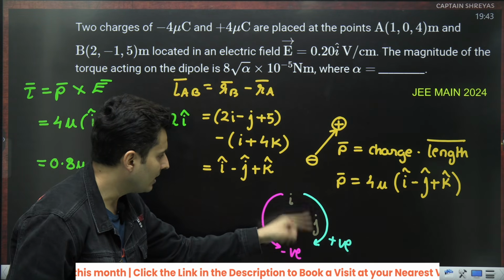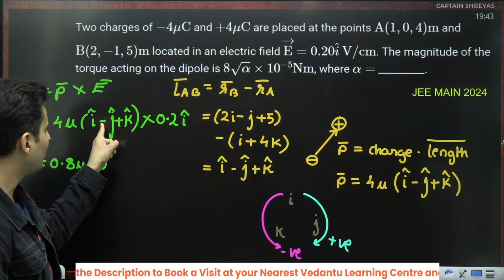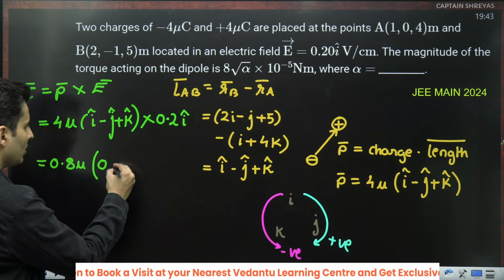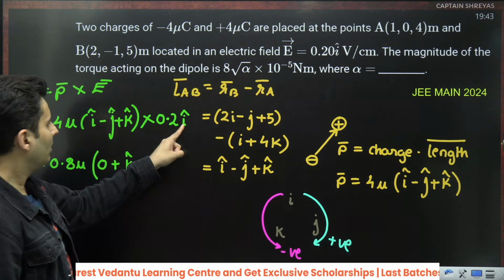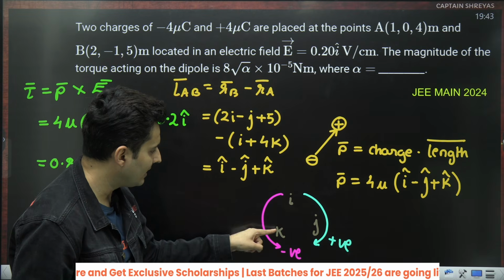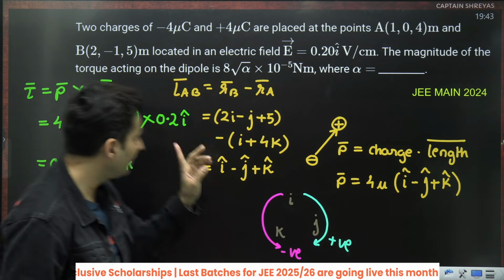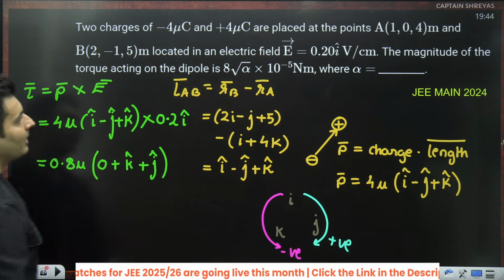I'm going anti-clockwise, so it should be negative. But already there is minus sign over here, so it will become positive. So plus k cap over here. Here, k cross i. I'm going in the clockwise direction. K cross i should get it as plus j. Okay, so I should get this as plus j cap.